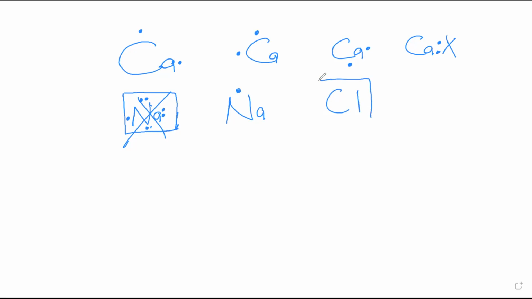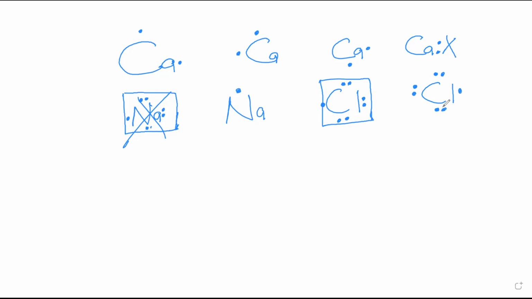So you imagine 4 sides. 1, 2, 3, 4, 5, 6, 7. Okay. You can also do it the other way. 1, 2, 3, 4, 5, 6, 7. That's the Lewis dot structure for chlorine.